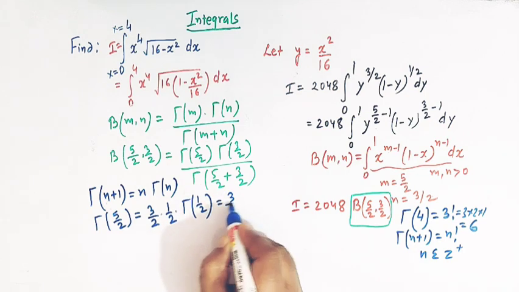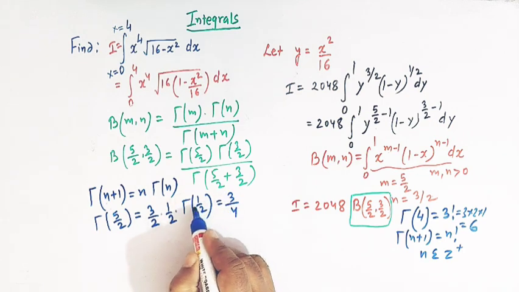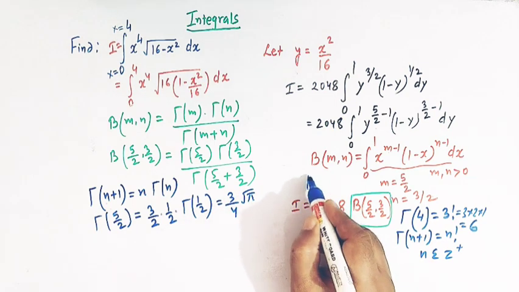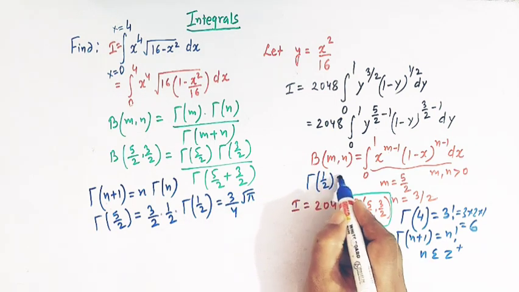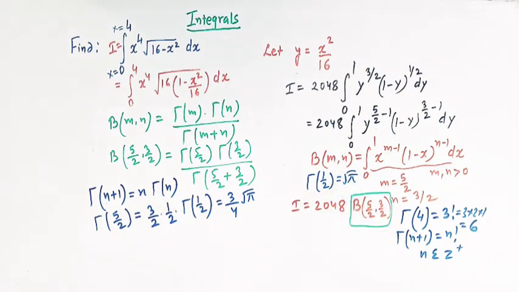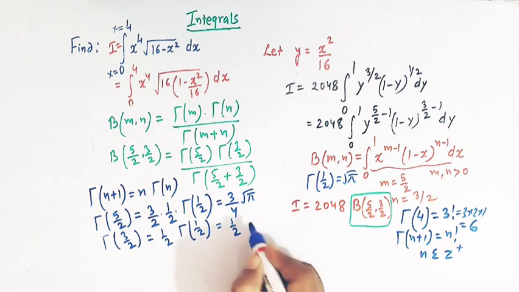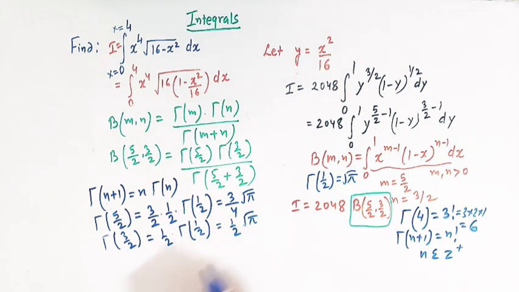So we have 3 by 4, and gamma half is square root of pi. The value of gamma half is square root of pi, and gamma of 3 by 2 can be written as half times gamma of half, and that is half times square root of pi.